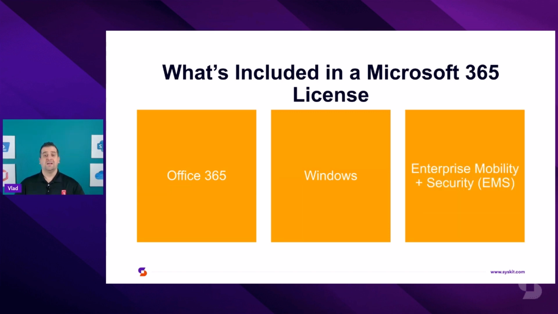And finally, the Enterprise Mobility and Security Suite, or EMS, which is all your security and compliance solutions. So everything to manage your device, to making sure you have MFA applied, that you don't sign in from shady locations, you don't have a weak password, and all those amazing features.